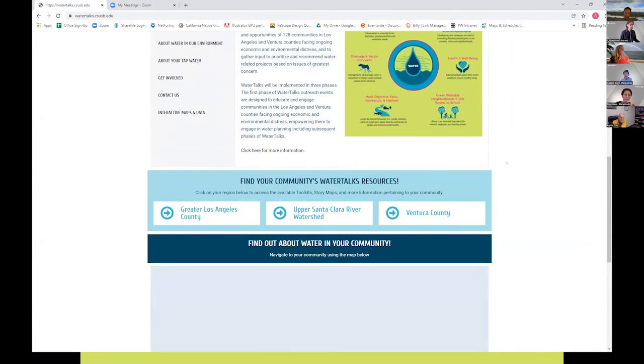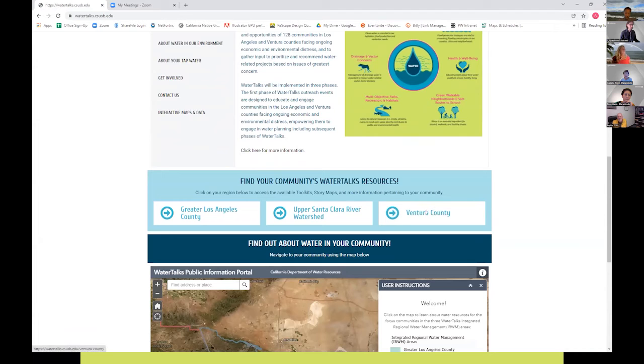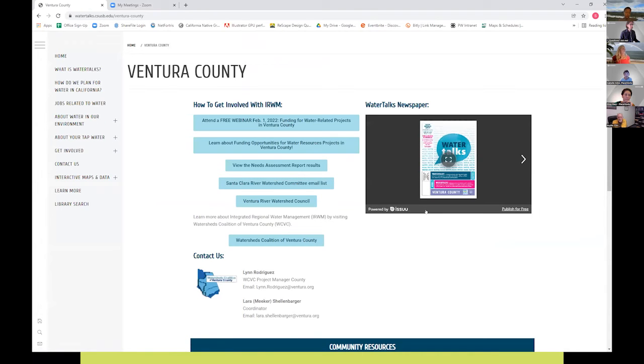There's lots of links and helpful information, but if you zoom into Ventura County, you'll see a page that has a lot of what we've been talking about today, including the announcement about today's session and the RFP that Boykin talked about, and then also the needs assessment report that was just published and uploaded, still, I think it's considered a draft, for folks to take a look at.